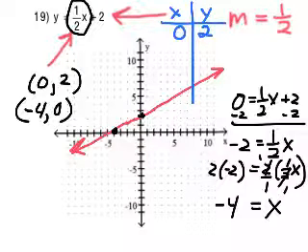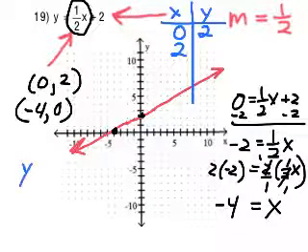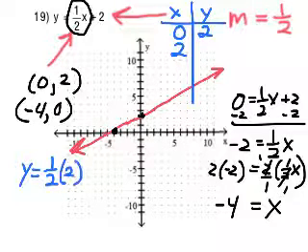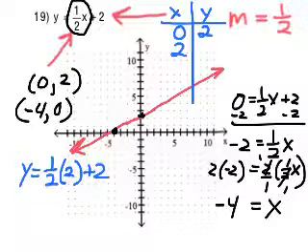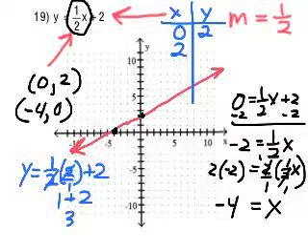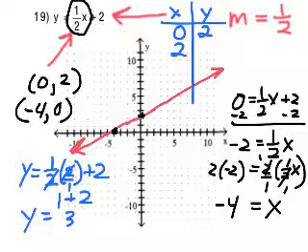Okay, so now I'm not going to stick in a 1 for x because 1 times 1/2 will give me 2.5, and that is harder to graph, right? So I'll put in a 2 for x. So we've got y equals 1/2 times 2 plus 2. Again, 1/2 times 2, cross cancel, we get 1 plus 2, which is 3. So x is 2, y is 3.